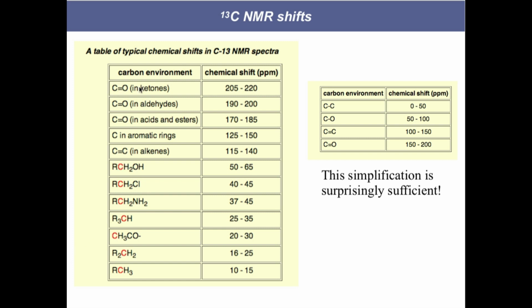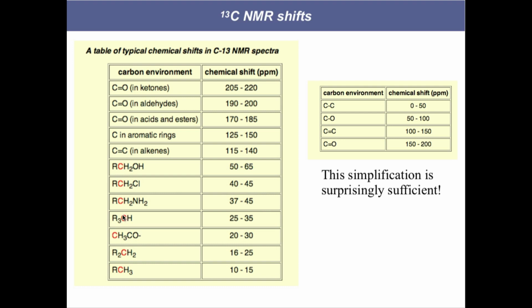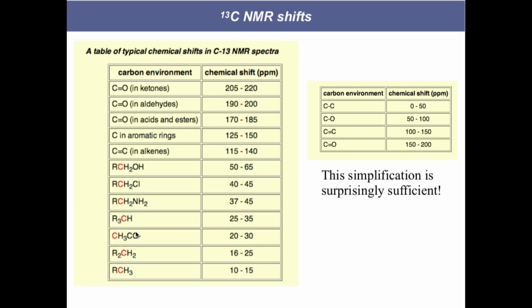We've got ketone carbons, aldehyde carbons, carboxylic acids and ester carbons, aromatic ring carbons, normal carbon-carbon alkenes. We've got carbons bearing an alcohol, carbons bearing a halogen, carbons bearing a nitrogen, carbons that are only aliphatic, that only have other carbons or hydrogens on them, methyl ketone carbons, carbons adjacent to a carbonyl.